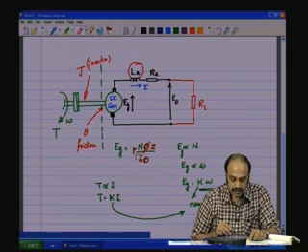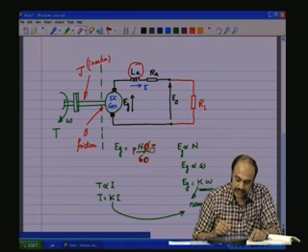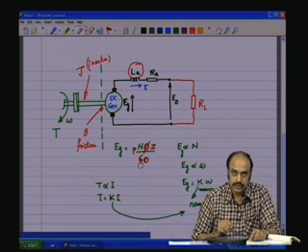EG is the number of pole pairs P into N RPM into phi, the flux per pole, into Z, the total number of conductors in the armature, divided by 60, a constant. As P, phi, Z and 60 are all constants for a given motor, EG is proportional to N, or EG is proportional to omega, that is radians per second.